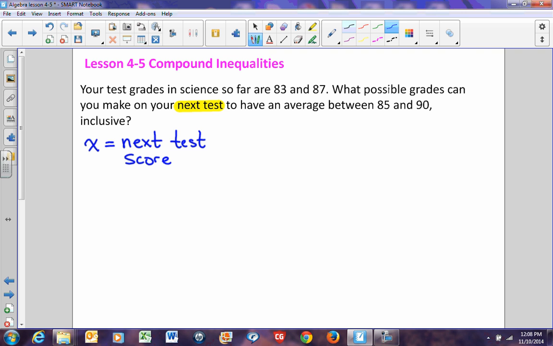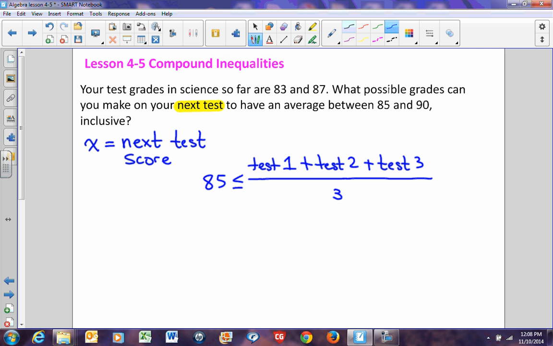So I know that my test 1 plus test 2 plus test 3 divided by 3, because that's what an average means, has got to be greater than or equal to 85, but less than or equal to 90. I want it between an 85 and a 90.